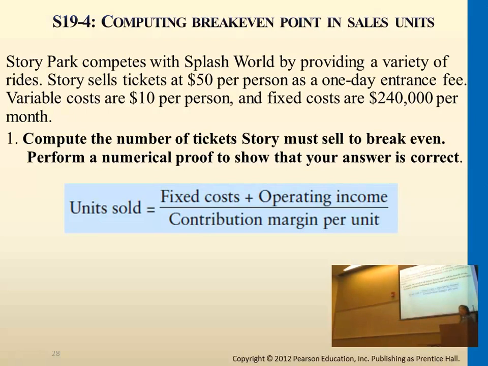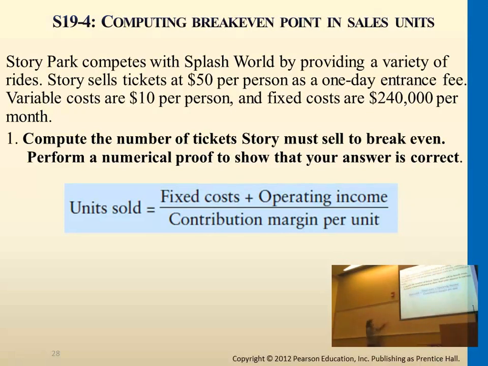Got the answer? 6,000. Sounds right. And how did you get it? Operating income 0. Subtract the 10 from the sales revenue per person, 50. So fixed costs, thank you.